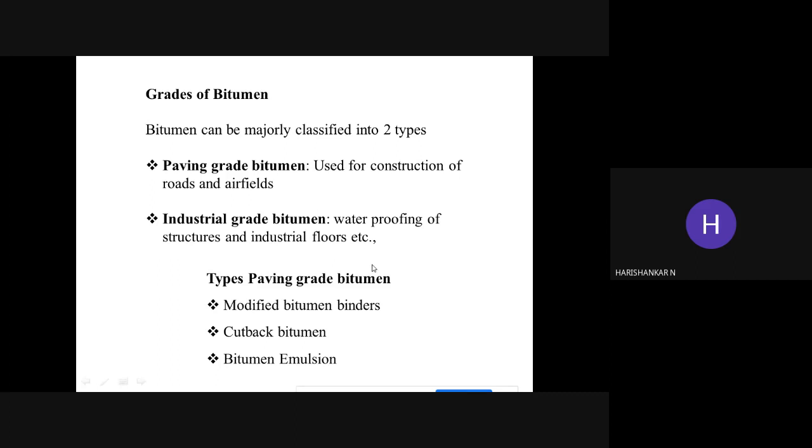These are agents responsible for reducing the viscosity of the bitumen. So these are the cutback bitumen. And bitumen emulsion means you are emulsifying the bitumen in a solvent. If you mix it with water, small granules of bitumen will be suspended within the water. That's all about the bituminous emulsion.